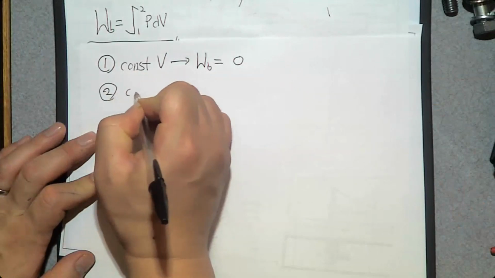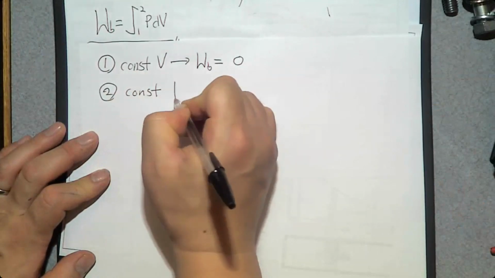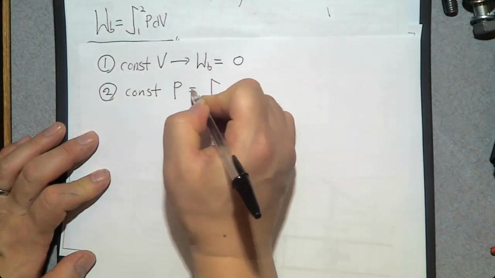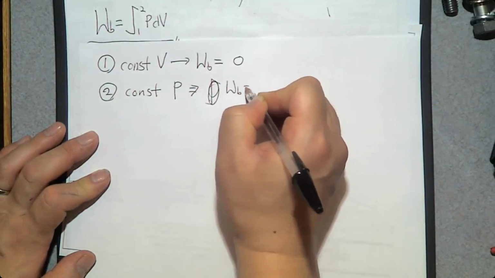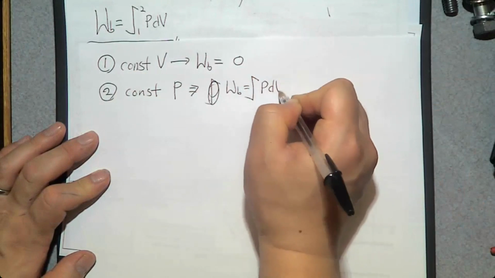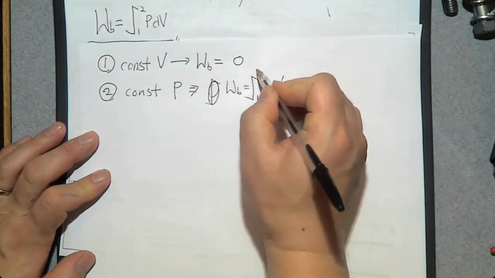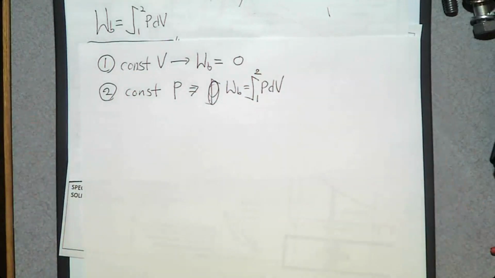Number two, then another constant process, constant pressure process. Can you solve this equation? WB is integral of pressure over volume from the initial state 1 to the final state 2. Yes, you can. Let's go over it together. So pressure, is it variable or constant? It's a constant pressure process. So if you have a constant, what do you want to do?